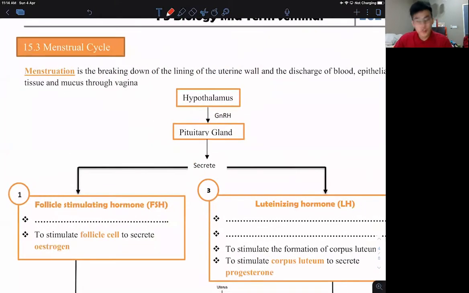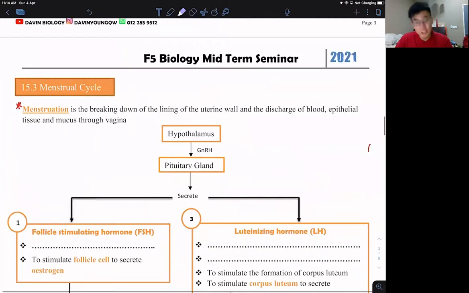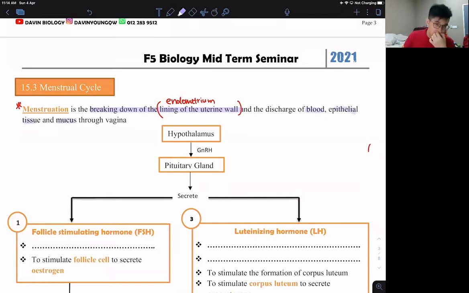Okay. So menstruation, as you all know, if the question asks, explain what is menstruation. Menstruation, girls, you know, is where down there bleeds. To explain the process, it is because of the breaking down of the uterine wall, or you can say the breaking down of the endometrium, which is simpler to write, and discharge of blood, tissues, epithelial tissue, and mucus through the vagina.